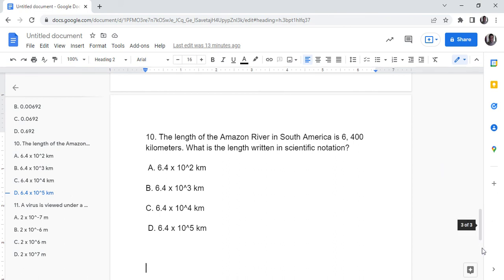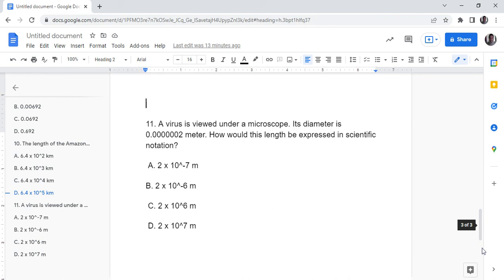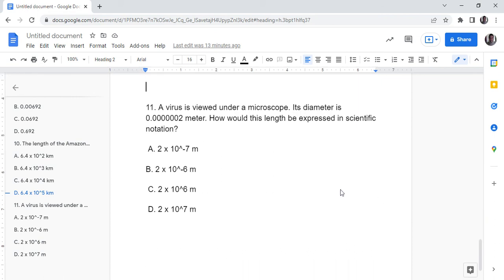Moving down to the next number, these questions are copied, so that's the reason they are numbered wrong. A virus is viewed under a microscope. Its diameter is 0.000002 meter. How would this length be expressed in scientific notation?